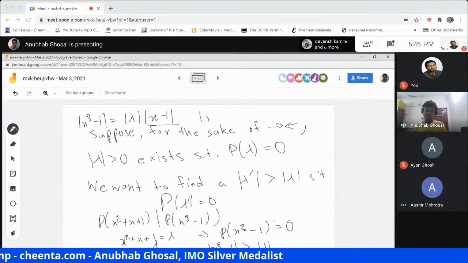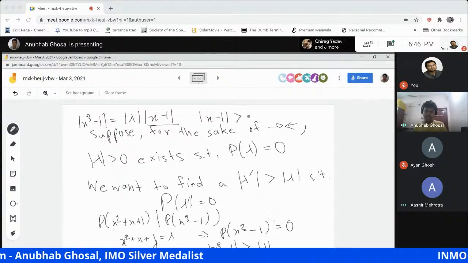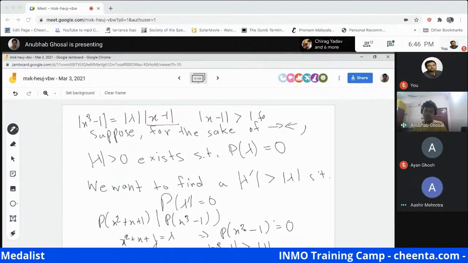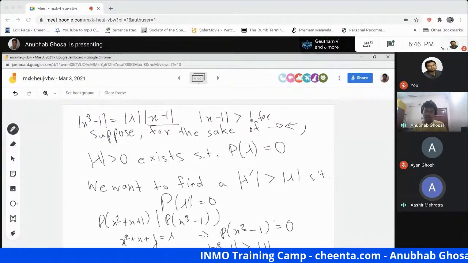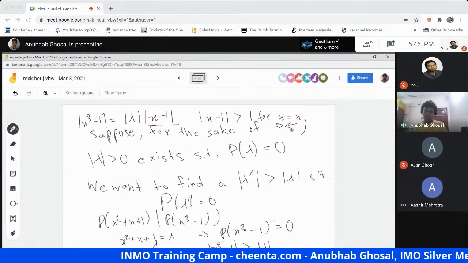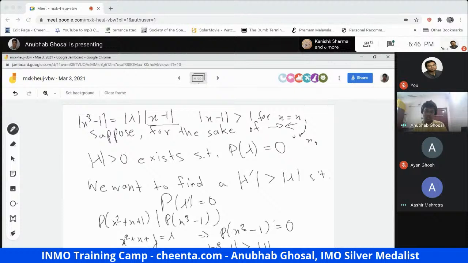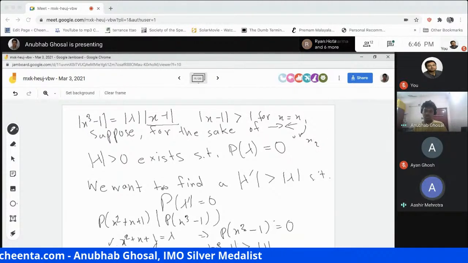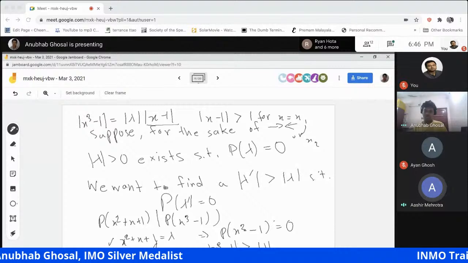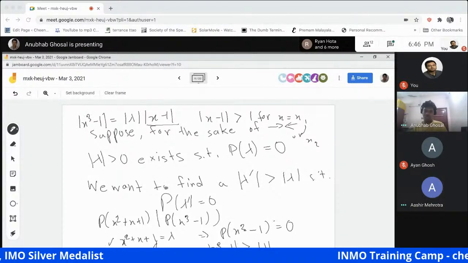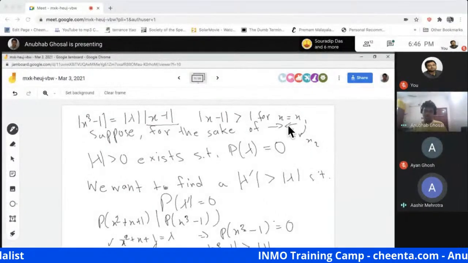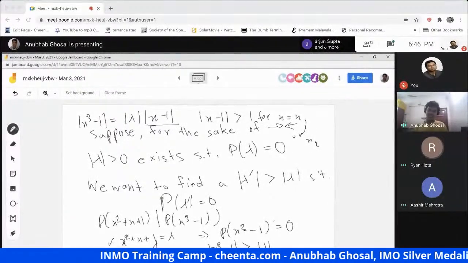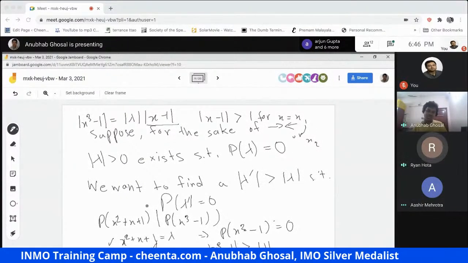So if we can show modulus of x minus 1 is strictly greater than 1 for x equals x1 or x2, where x1 and x2 are the roots of this equation, then we are done. So we should use the quadratic formula on x squared plus x plus 1 equals lambda, maybe. Yeah, you can do that, but that will be a bit tedious. Let's try to find a nice way to show this.